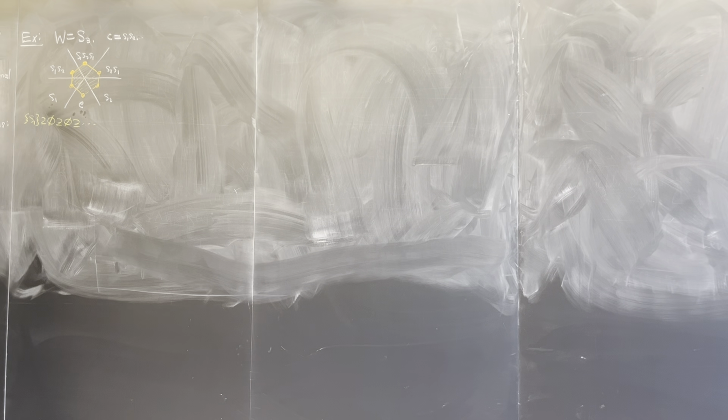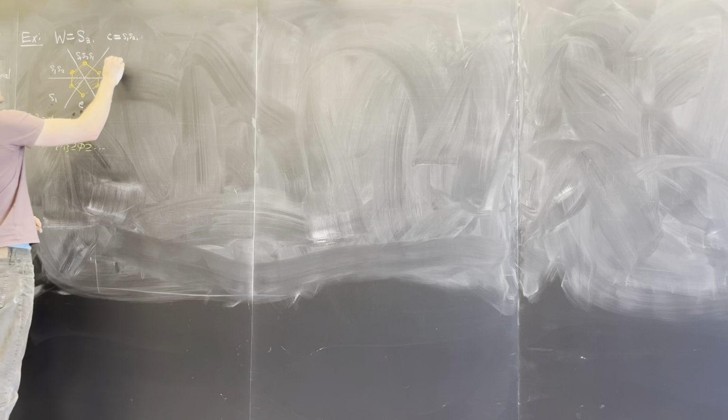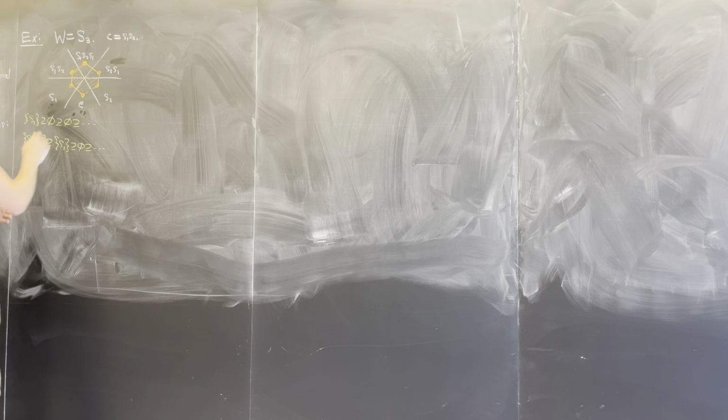And similarly for S2, if I did S1, S2, then what I write down to begin with would just be S1 and S2, and then I get a bunch of empty sets. If I wanted to do this with S1, S2, S1, I would get S1, S2 as my first set, and then I would get S1, and then I would get a bunch of empty sets. So the only one that ends up not being C sortable is this element here.